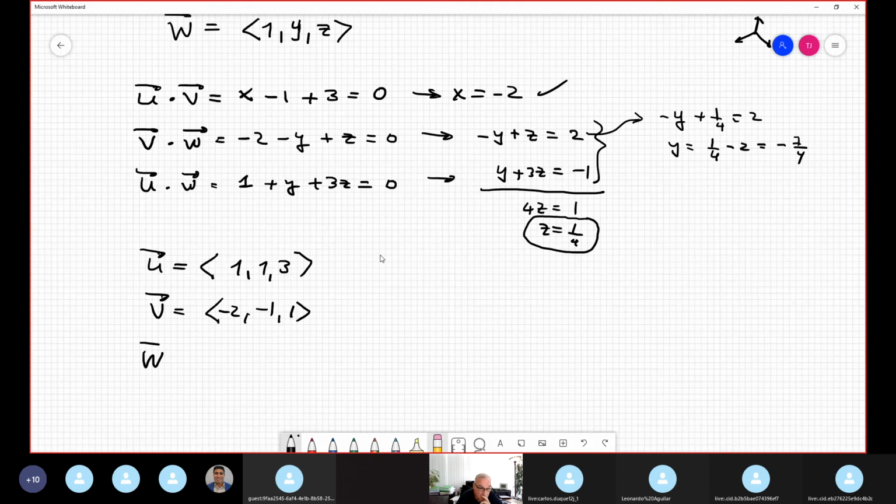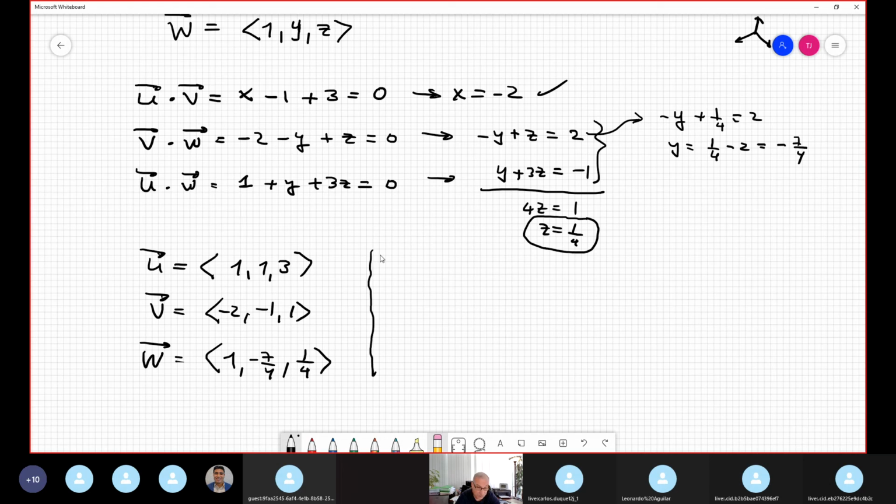And the vector w is 1 again for the first component, and the second and third components are y and z: y is negative 7/4 and z is 1/4. Now I have the collection of three vectors, and if you want verification that they are orthogonal, you perform the dot products manually and you see the answer is always 0.